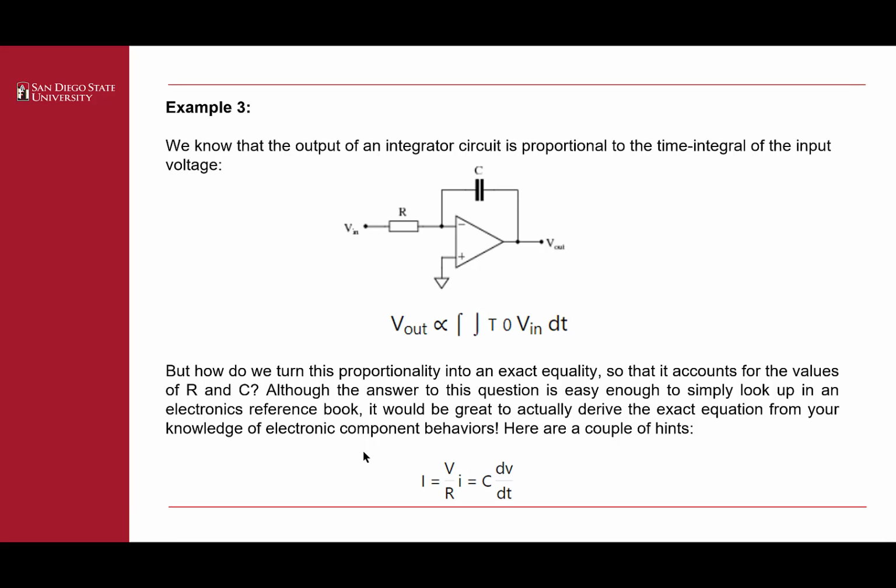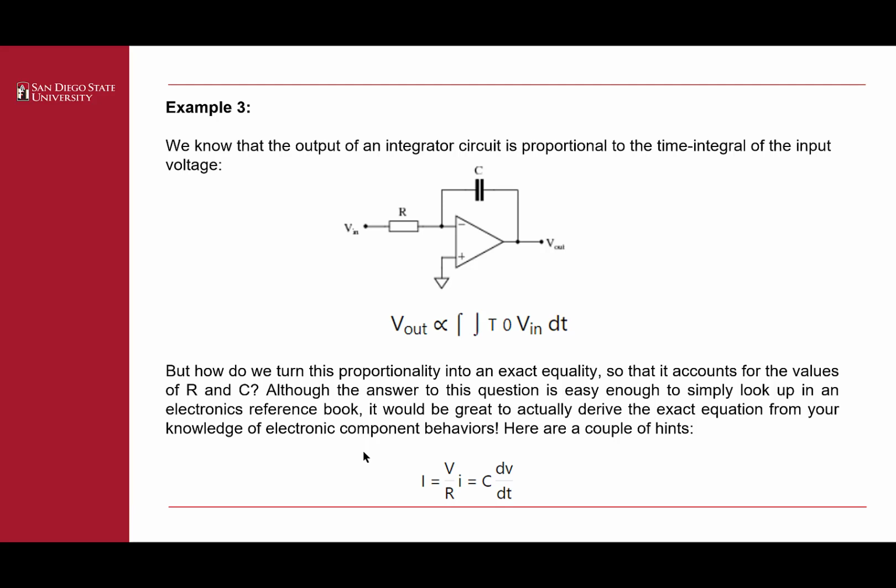Proportionality is good, but in order to use in our equations or our system design, we need exact equality, so that it accounts for the values of R and C. Although the answer to this question is easy enough to simply look up in an electronics reference book, yes, you can find a lot of relations like that online or in books, it would be great to actually derive the exact equation from our knowledge of electronic component behaviors.